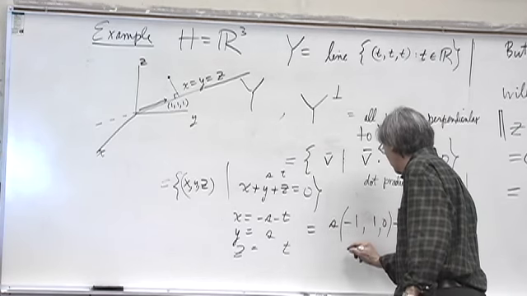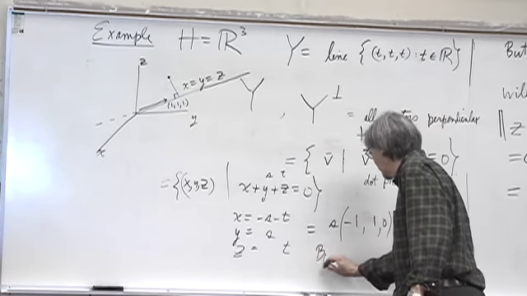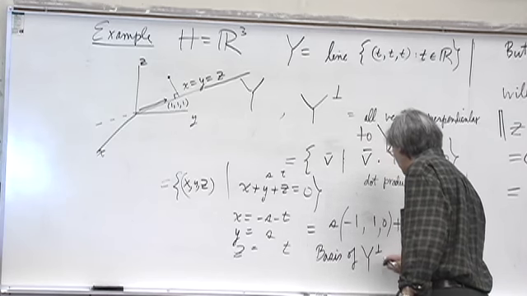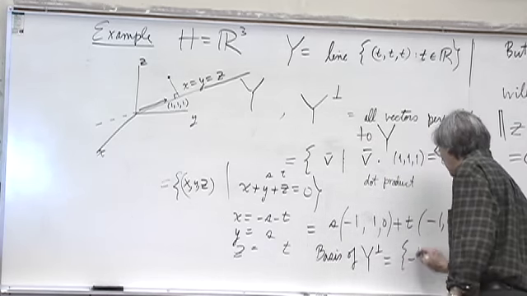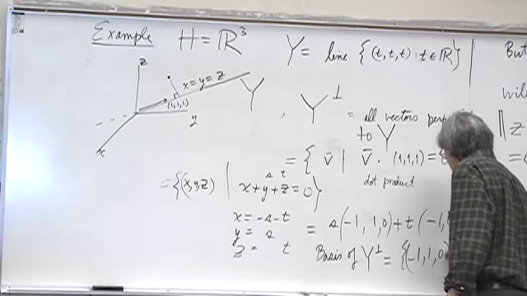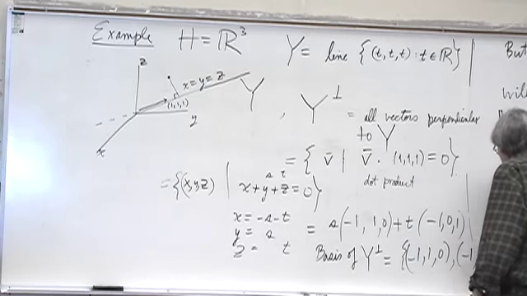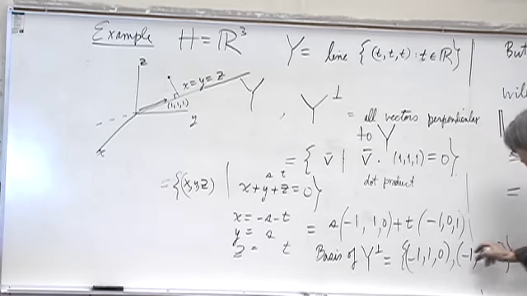So the basis of the perpendicular space, Y perp, is (minus 1, 1, 0) and (minus 1, 0, 1), which is automatically a basis because of this 1, 0, 0, 1 pattern in the last half of the vector. In other words, they're independent.